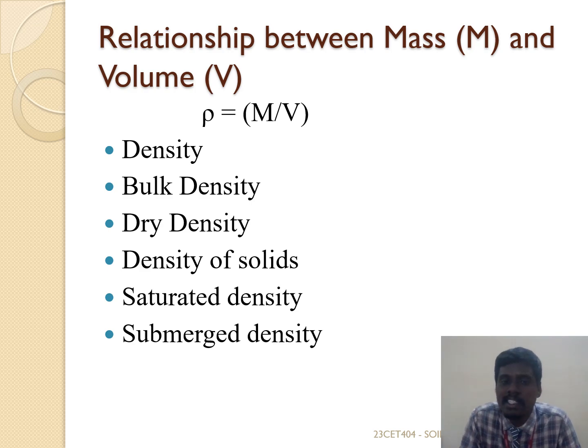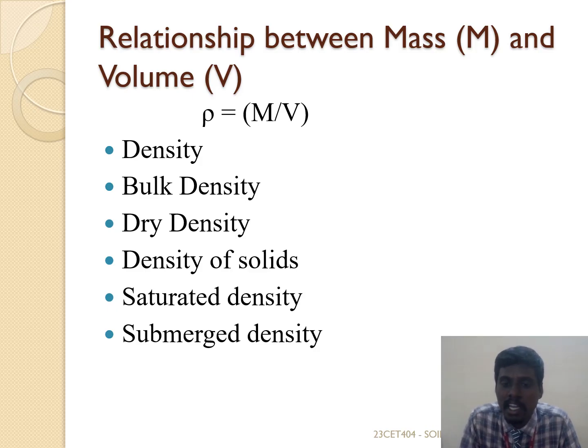The next one is the density of solids. That means mass of solids to the volume of solids in the soil mass. Saturated density means the total mass of the saturated sample to the total volume of the saturated sample.